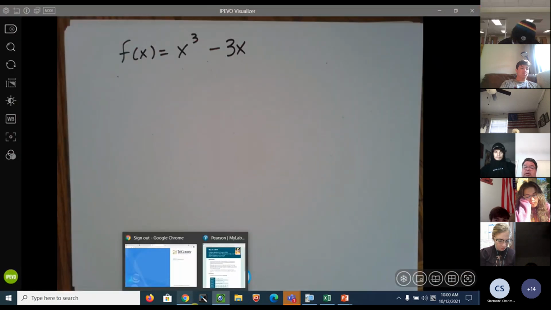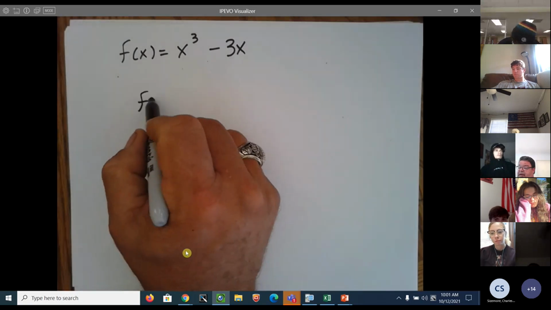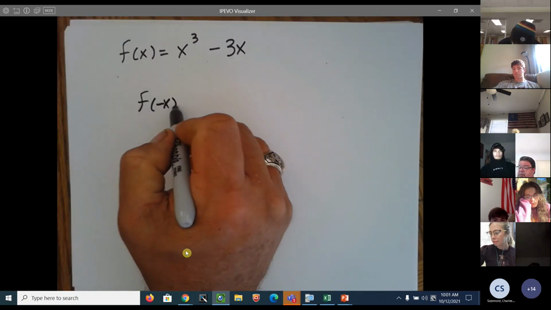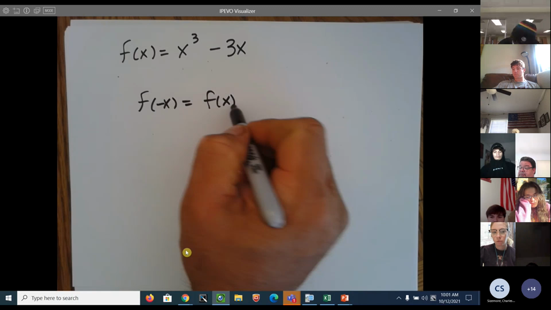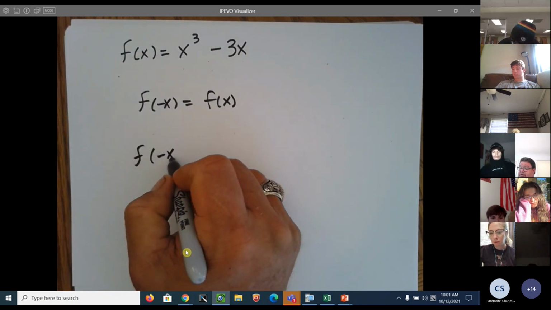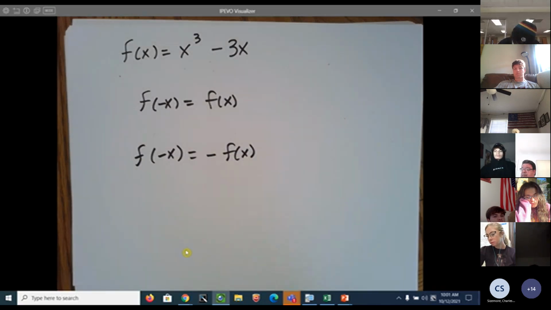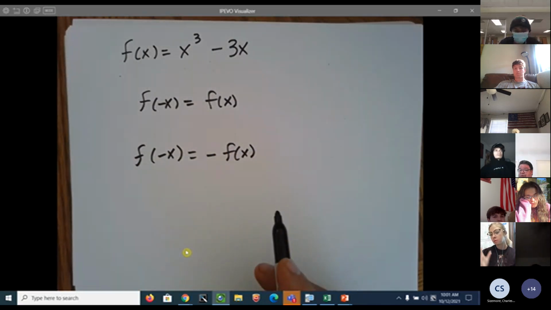And we're going to plug in negative x, because first we have to see if f of negative x is equal to f of x. Then we need to see if f of negative x is equal to negative f of x. So there's our two tests.